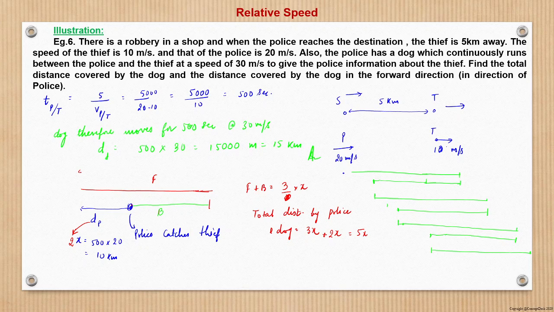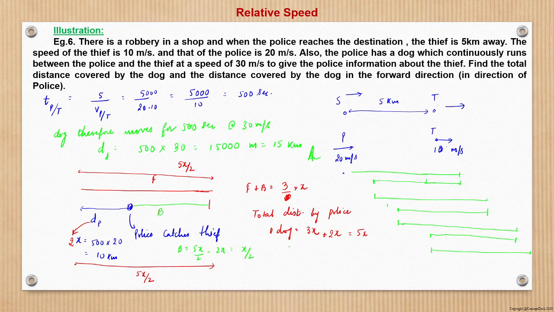So can we say the top portion f will be nothing but 5x by 2, and the bottom portion will also be 5x by 2, the way we did in the previous problem. And of 5x by 2, this blue part is 2x. So what will be the backward portion? So b will be nothing but 5x by 2 minus 2x, which is x by 2.